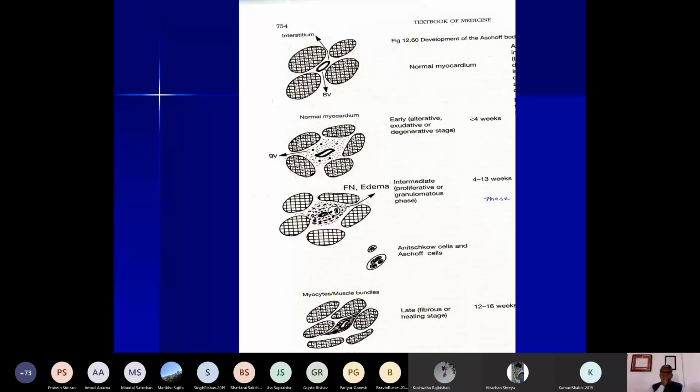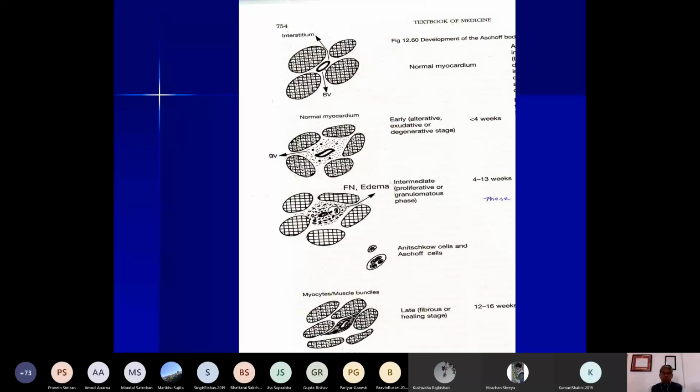Aschoff bodies formation, I'm sure pathologists must have told you in detail. Just to take you through, these are the myocardial muscles, and this is the blood vessel, which is normal tissue. And when there is an effusion, inflammation, and exudation around it, it pushes the muscles, and this exudation occurs over there.